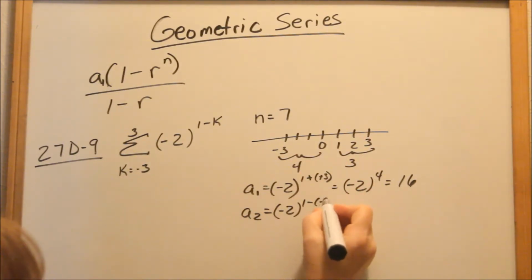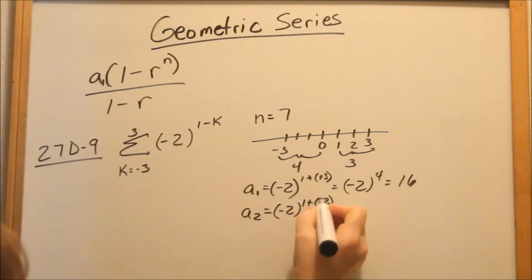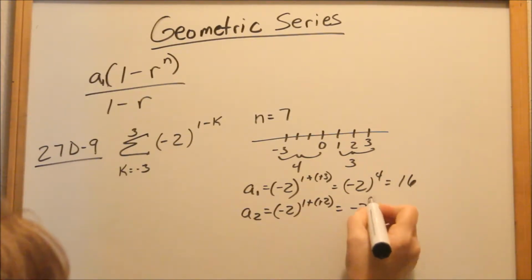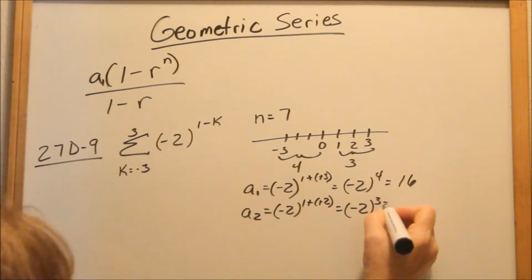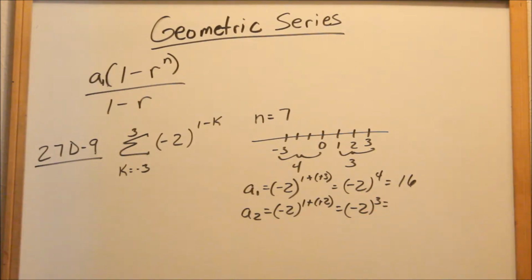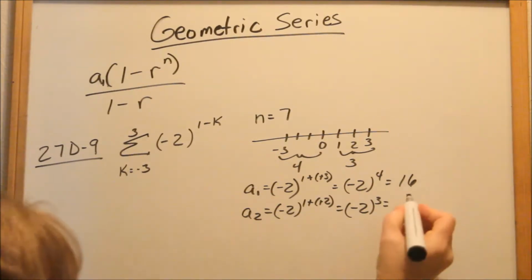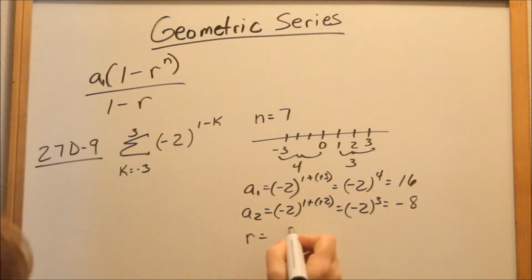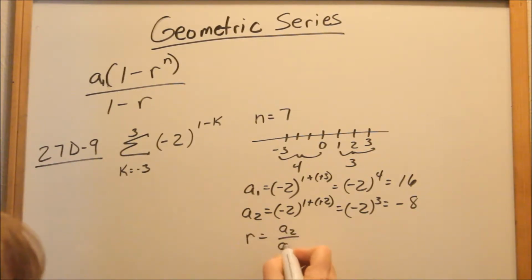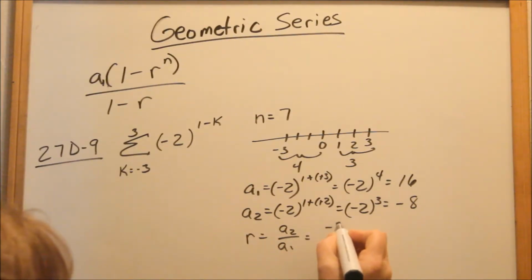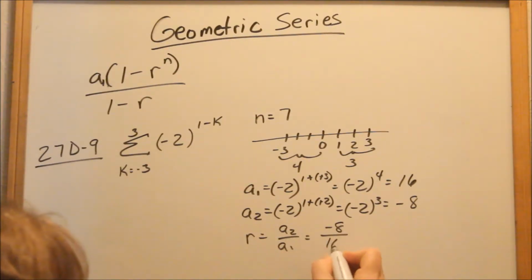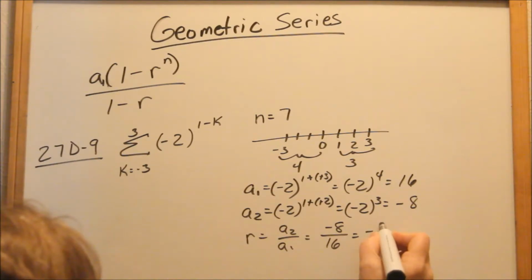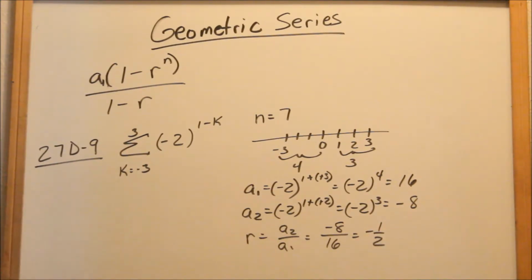So that would be minus a -2, so that would be (-2) raised to the 3rd power. Now we have a negative number, because a negative times a negative times a negative is a negative, and 2 cubed is 8. So r is a2 divided by a1, which is -8 divided by +16, which reduces down to -1/2. So r is -1/2.